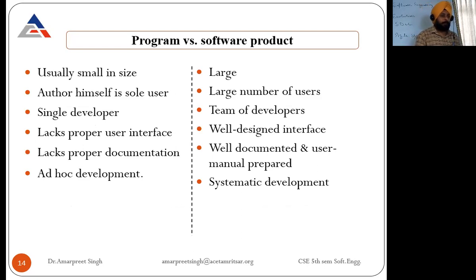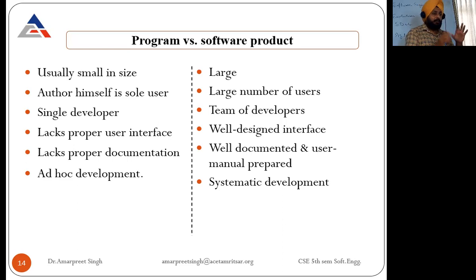The program is authored by the sole user himself, but the development of the software product is done by a large number of people. A single developer versus a team of developers. A program may have a simple user interface, but the software product needs a well-designed interface.